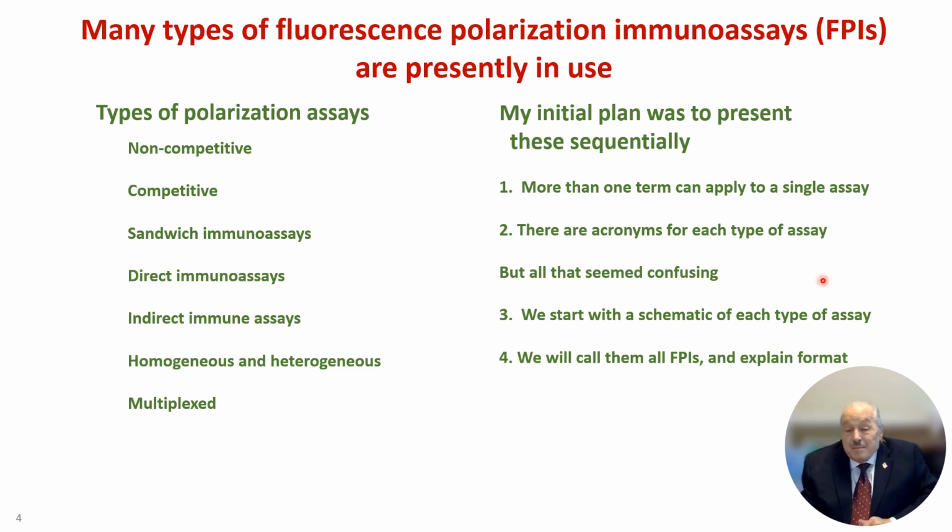This all seemed confusing and besides the point. So we're just going to start with a schematic of each type of assay, and we'll give you an example of each type, and we're just going to call them all fluorescence polarization immunoassays, even though the classical one is for the small drug-antibody interactions.